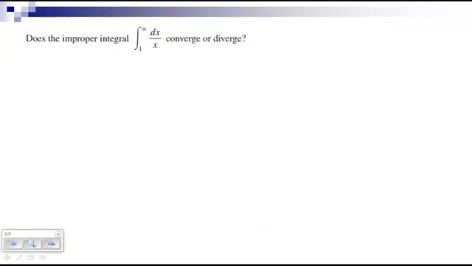Let's look at another problem. With partners, please. This is 1 to infinity. The integral from 1 to infinity of dx over x. I'm not sure if I said that to you both right.